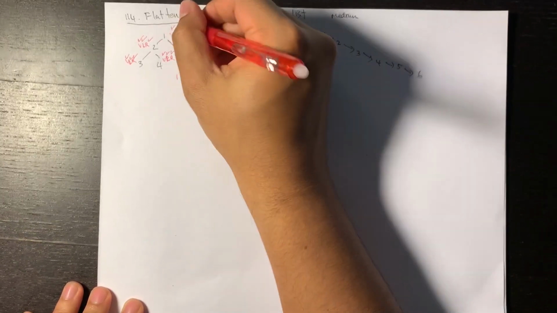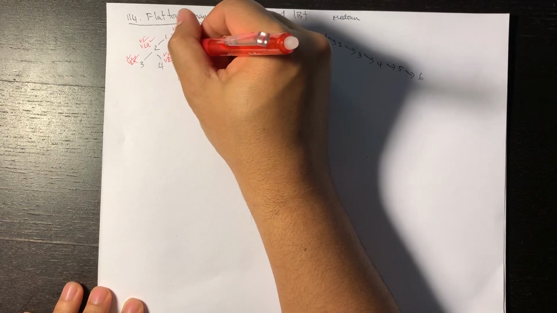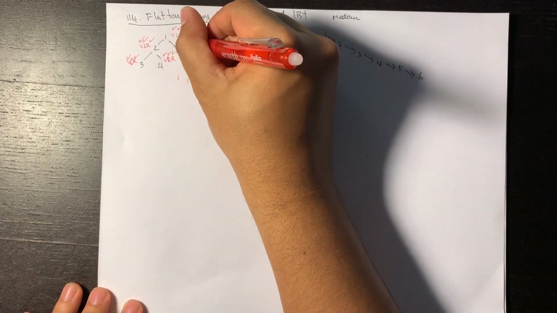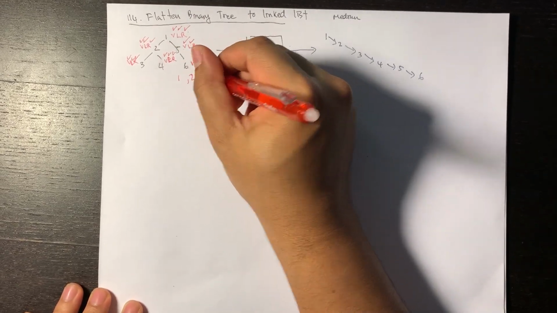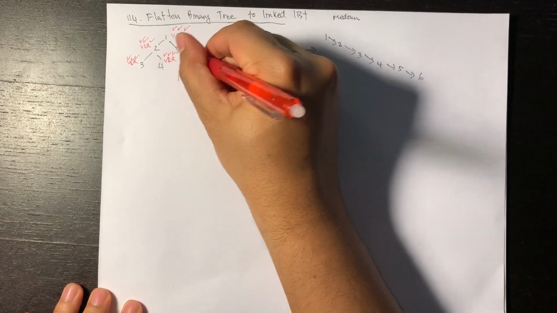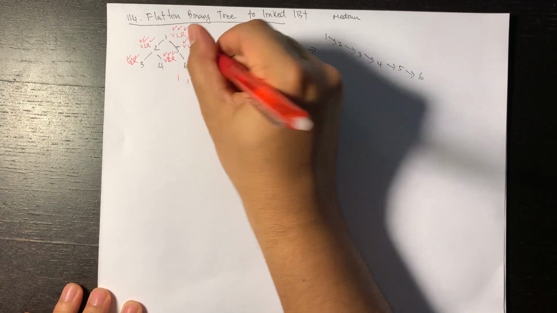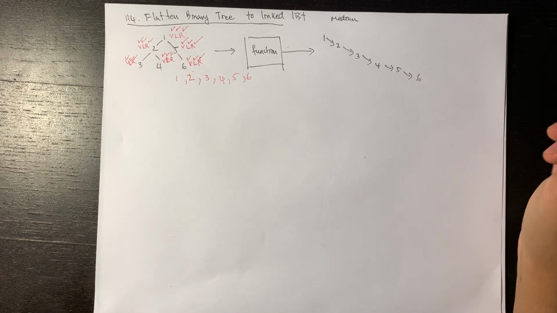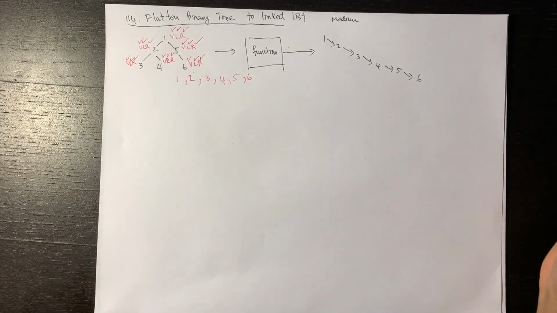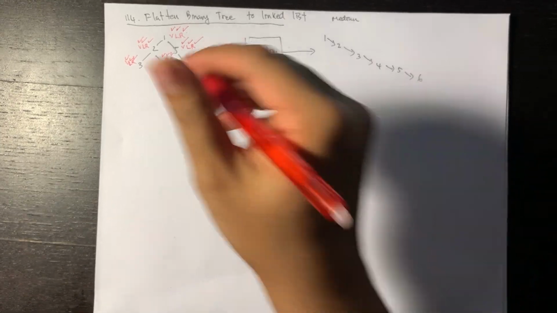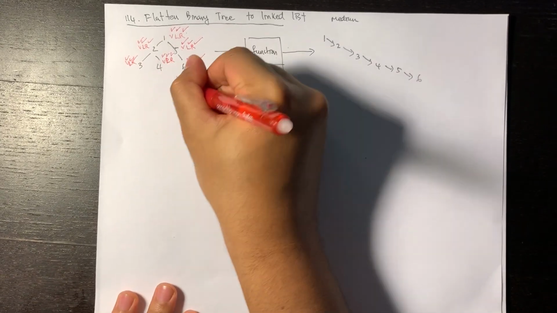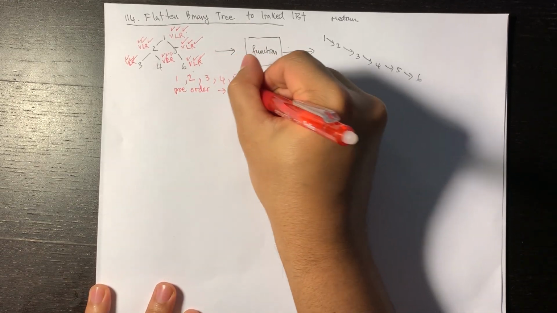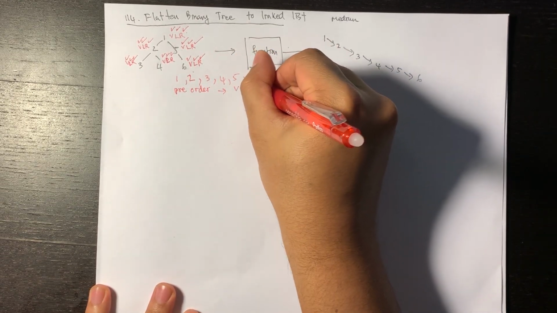So let's go up here and go visit right, and then visit 5, and go left, then I visit 6, and then it doesn't have any child, so just 6. According to this, it's not in order, this is a pre-order. Pre-order basically means you visit the node, you go left of the node, and then you go right of the node.